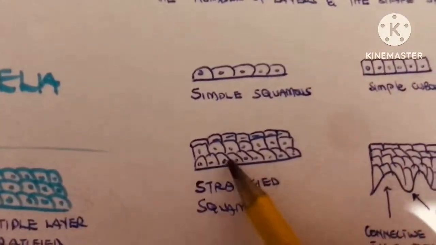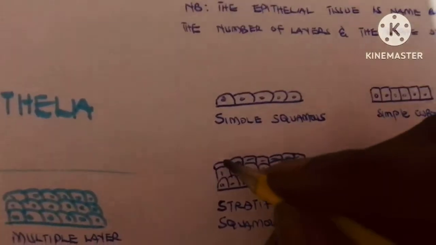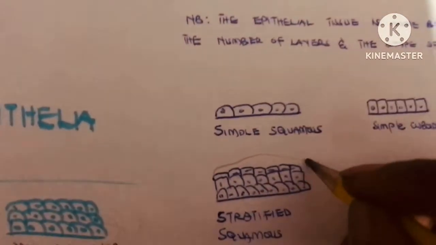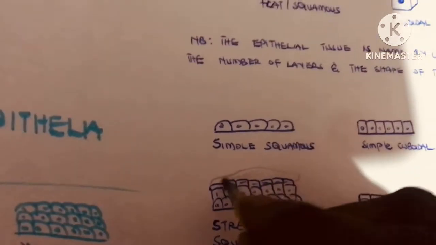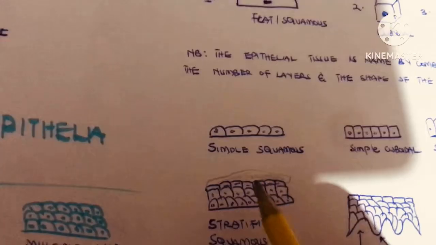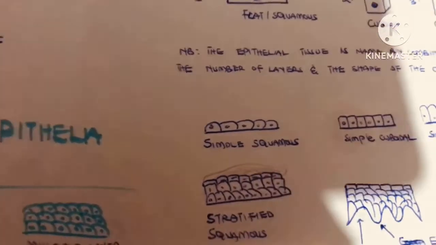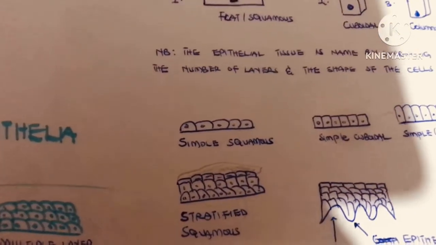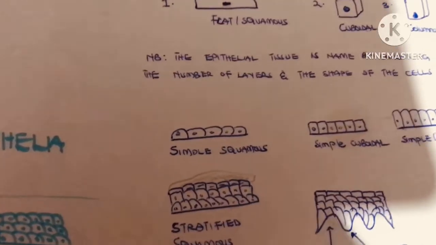For example, let's say that this is stratified squamous, and when you look at the surface, you can see that there is this thing here, and the cells there don't have nuclei. They don't have nuclei, and they are filled with keratin. You can see it's pinkish when you are looking at them microscopically.